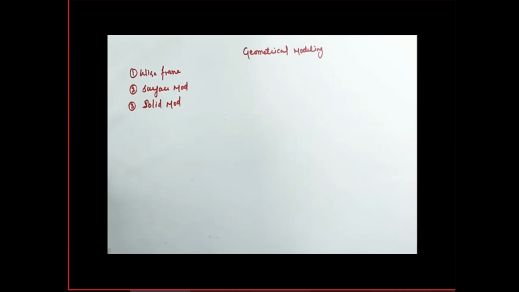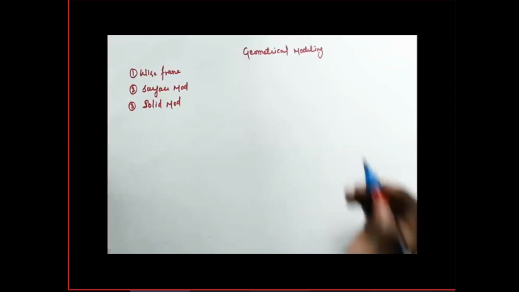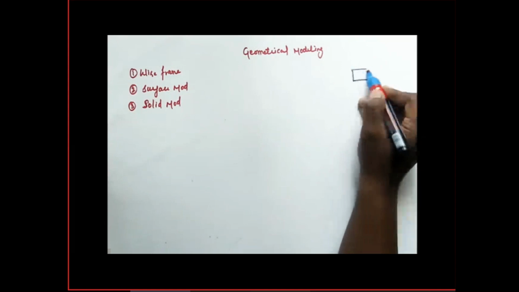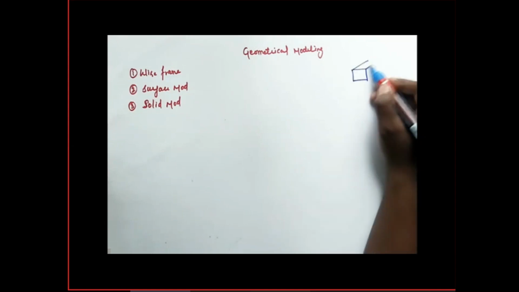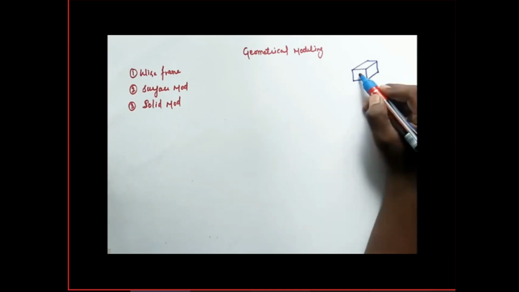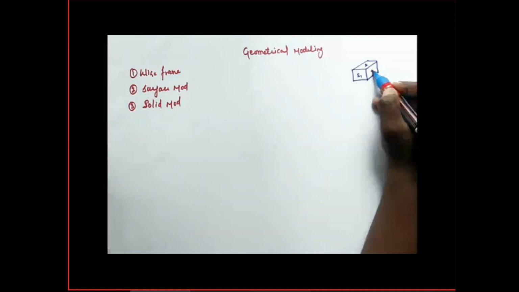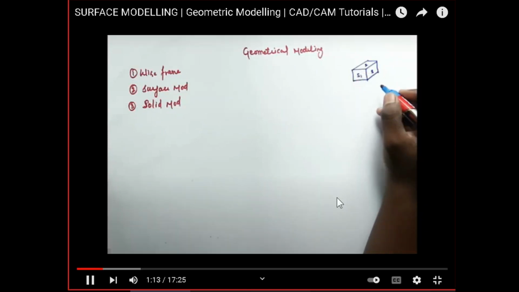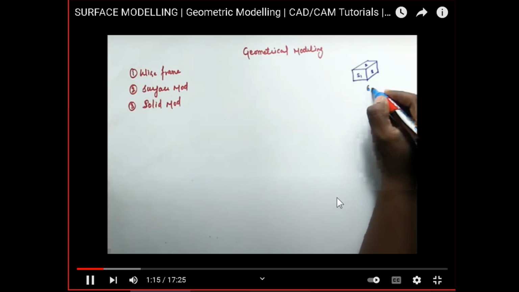Fine. Now surface modeling, as I said, has wireframe as the base. In surface modeling there are many types. For example, if I consider a box of this kind, this box has been developed by using different surfaces, maybe S1, S2, S3, S4, S5, S6. So to develop a box, I need 6 surfaces.